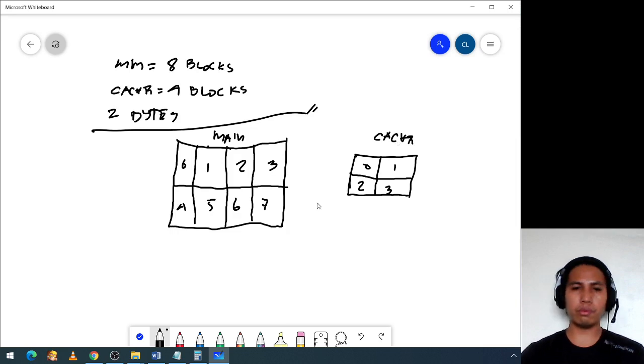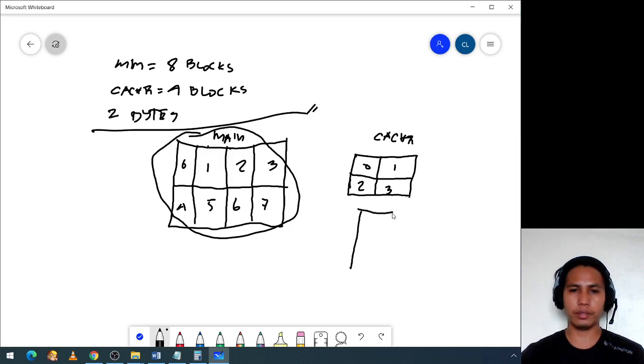If we are to map the blocks in our main memory into our cache, we have 4 blocks in our cache.